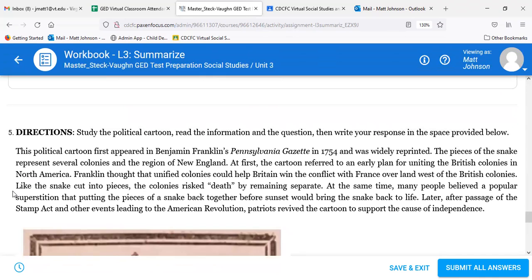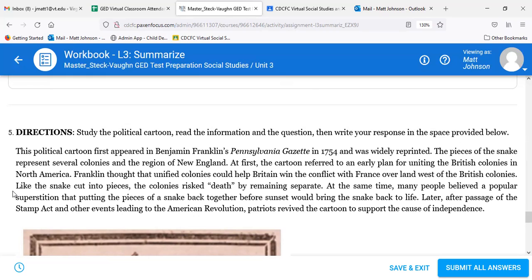So it says, this political cartoon first appeared in Benjamin Franklin's Pennsylvania Gazette in 1754 and was widely reprinted. The pieces of the snake represent several colonies and the region of New England. At first, the cartoon referred to an early plan for uniting the British colonies in North America. Franklin thought that unified colonies could help Britain win the conflict with France over land west of the British colonies.